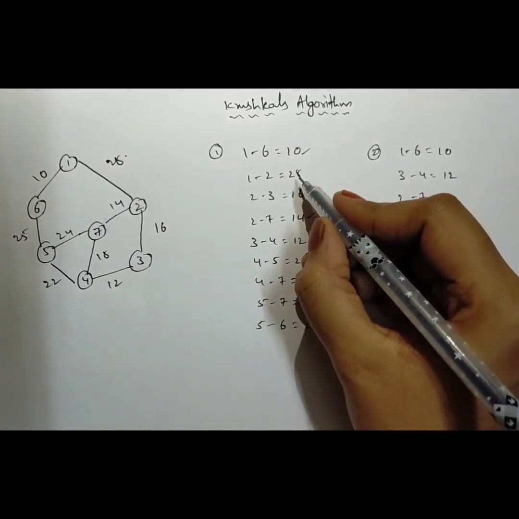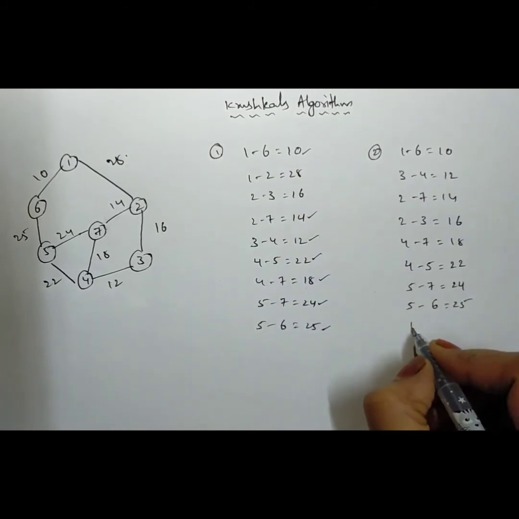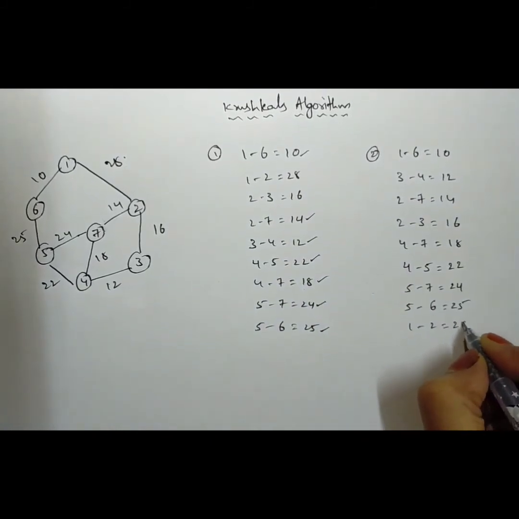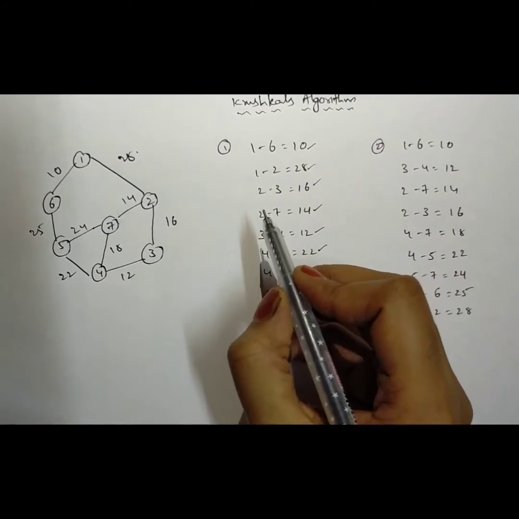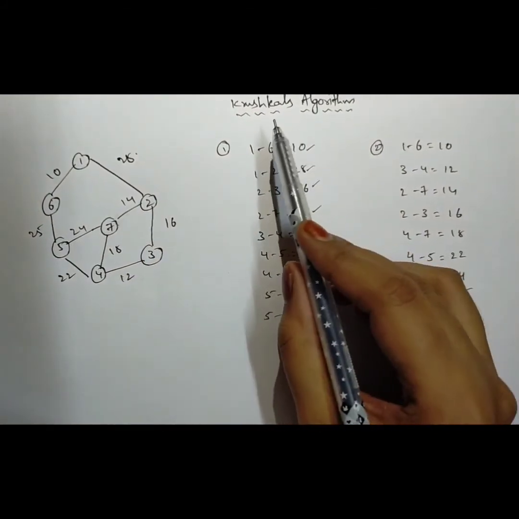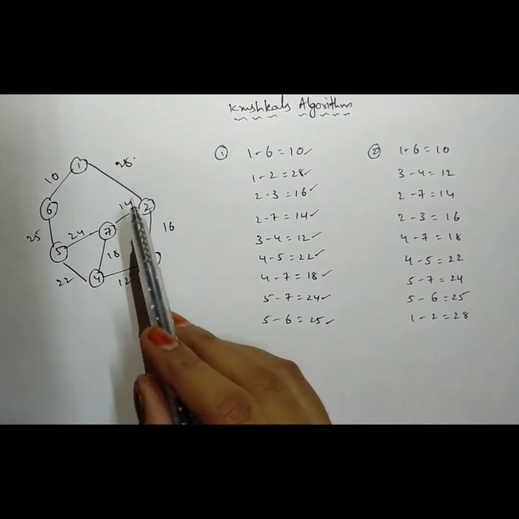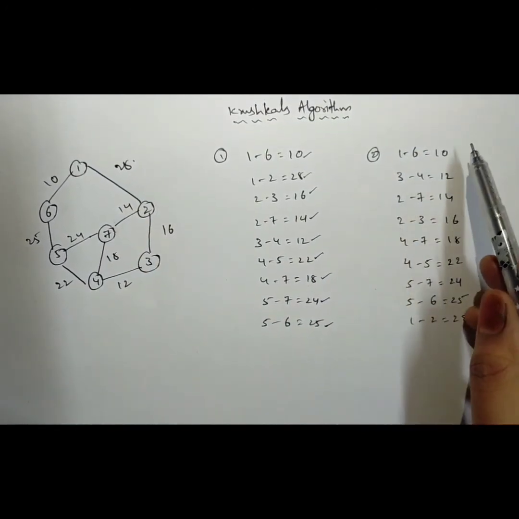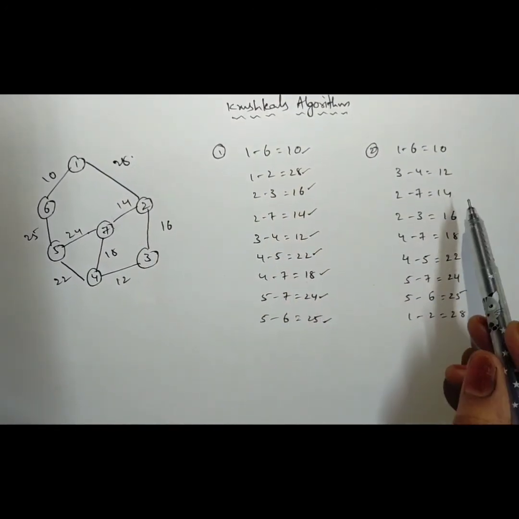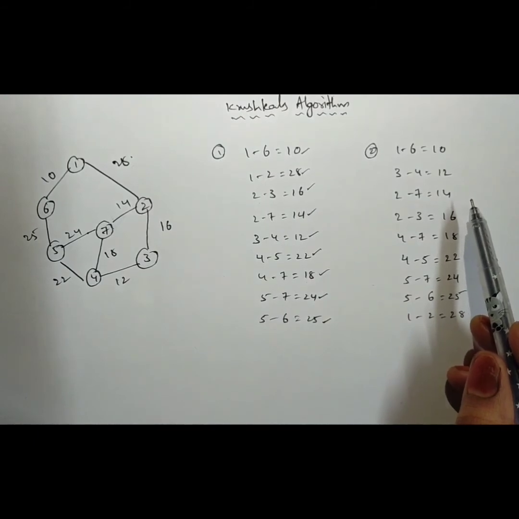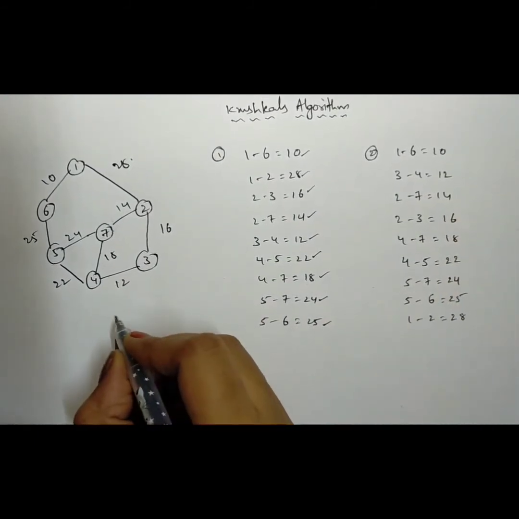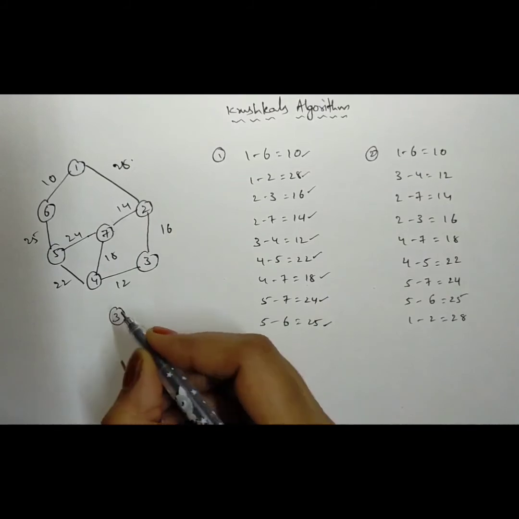Next smallest is 1 to 2, 28. In the first step I have taken all the edges from this bi-connected graph, and in the second step I have arranged these edges in ascending order by considering their weights. Now coming to the third and final step.